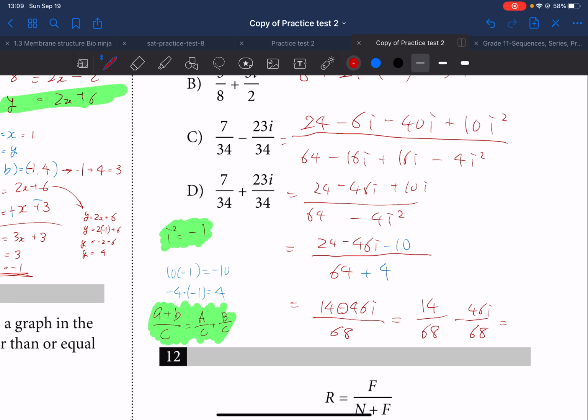Let's simplify. Let's divide by 2. So 7 over 34, minus 23i over 34.